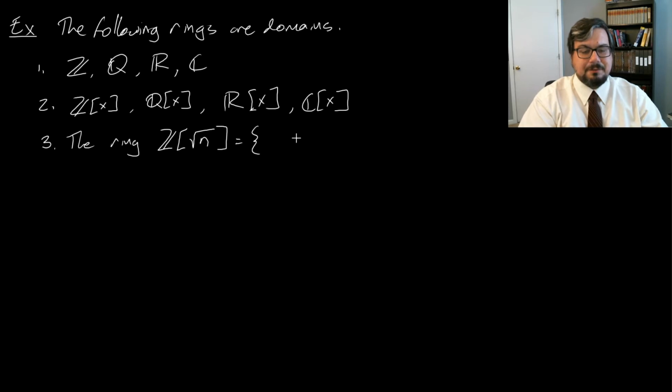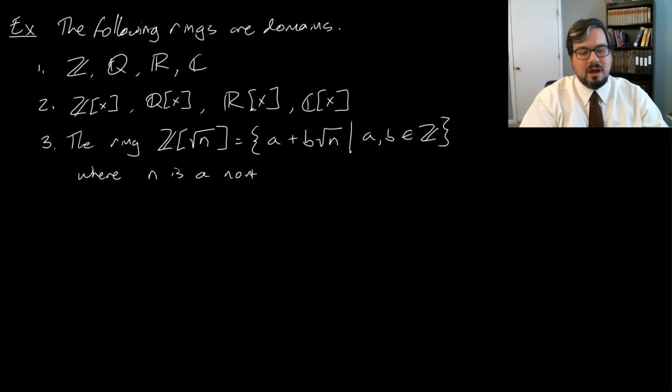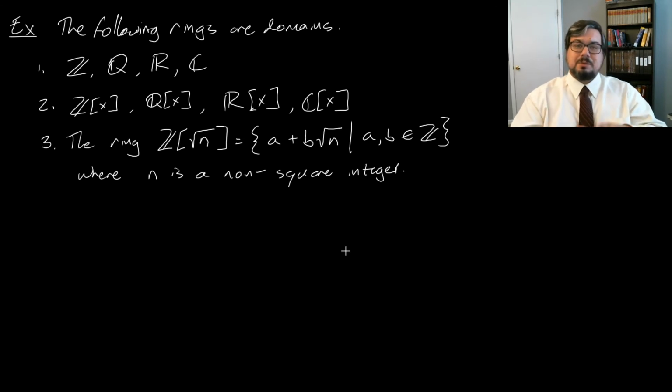Now this is defined to be the set of numbers a plus b times the square root of n, where a and b belong to Z, where n is a non-square integer. Now, these rings are not ones that we've looked at a whole lot yet, but we'll come back to and talk about at a later date.